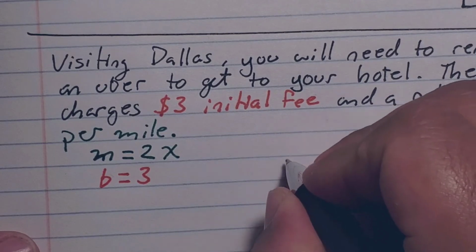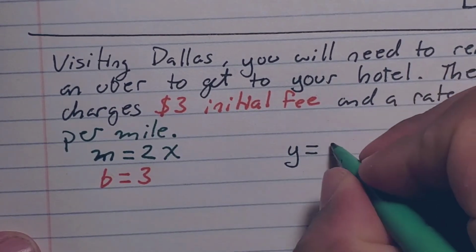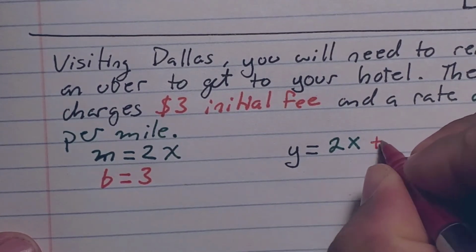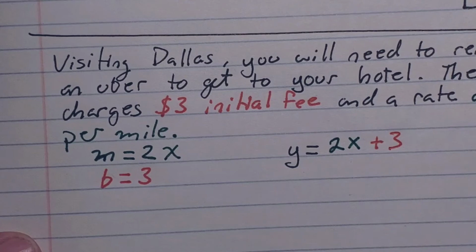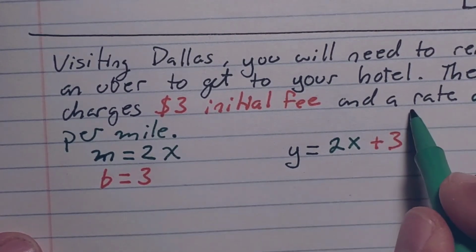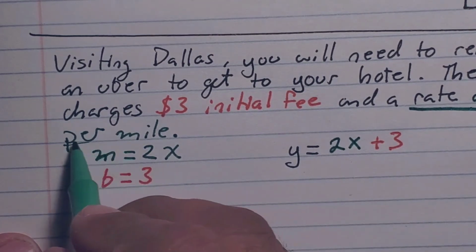So let's try the equation. y equals 2x plus 3. So in this word problem, we saw the word rate of $2 per mile.